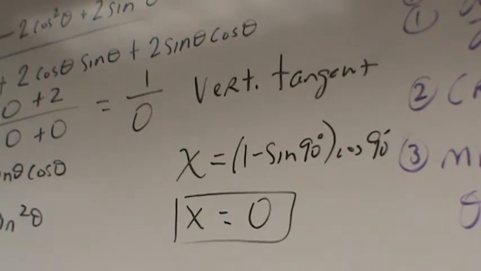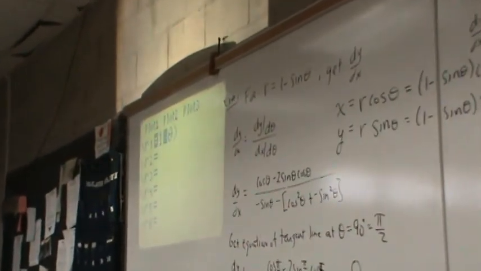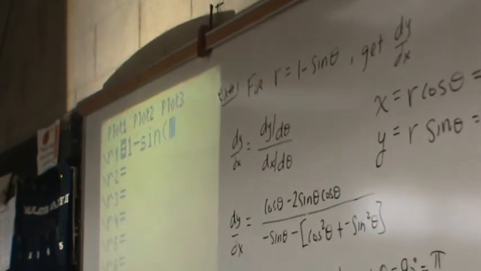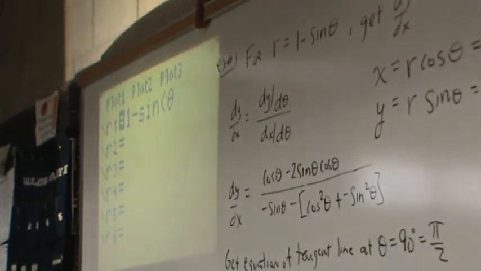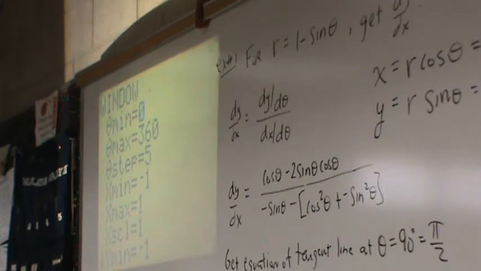Hey, let me go ahead and graph this. Okay. r equals 1 minus sine of theta. And you'll notice the biggest r can be is 2. The smallest r can be is -2. So I'm going to change my window to go from -2 to 2 for the x's and the y's.